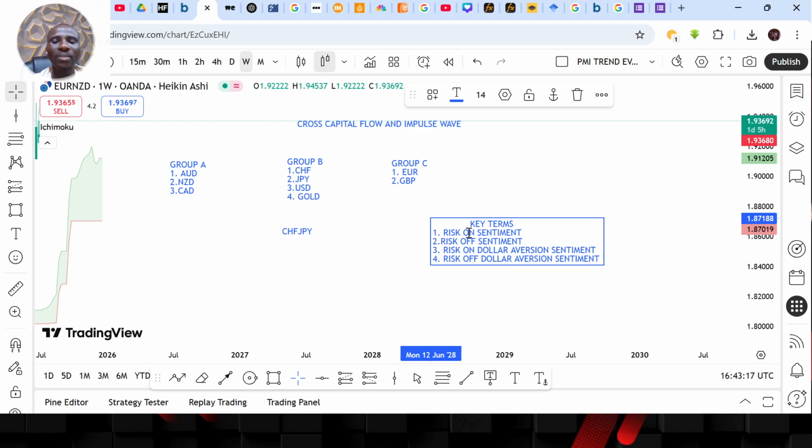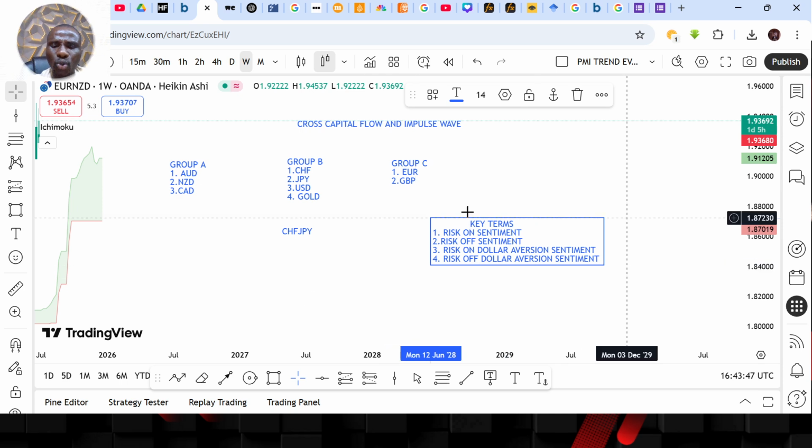So even when there is risk on, it is possible that there is dollar aversion. In fact, currently I said that we are in a bit of risk on by the gauge and by what is happening in the global market as of July 2025. But currently, dollar aversion is still existing. So this is a possibility of the risk tone of the market.